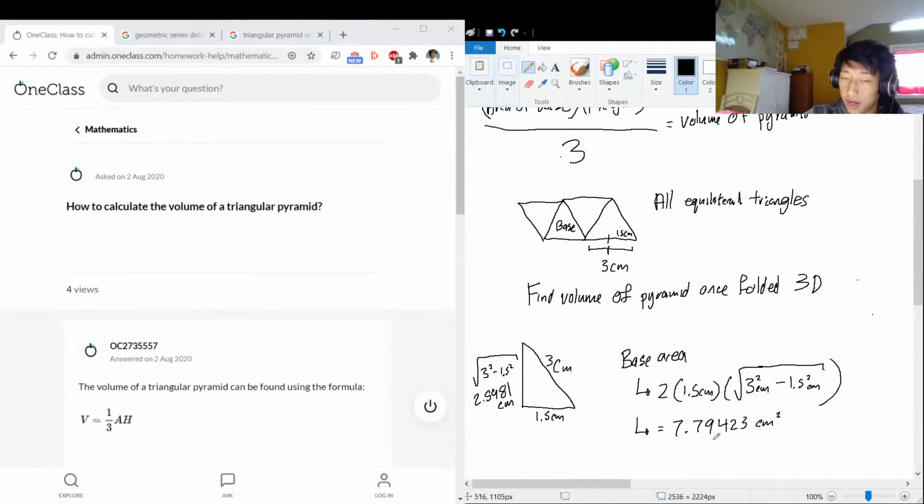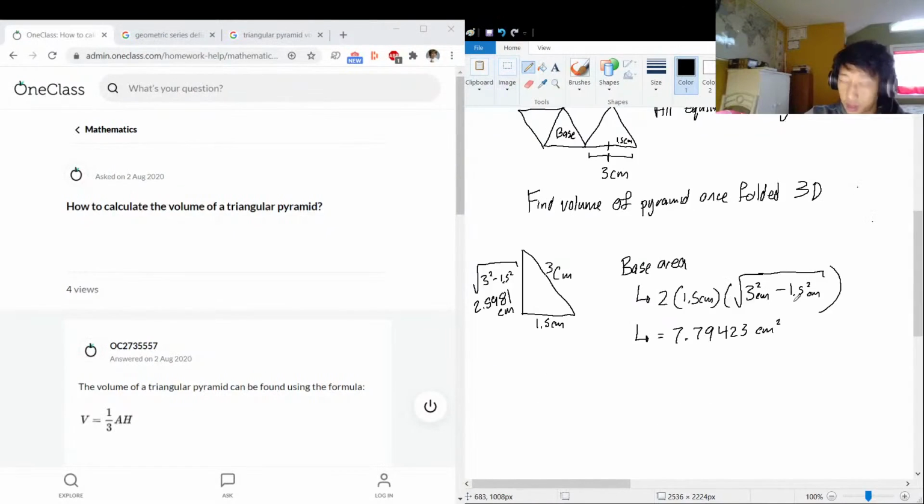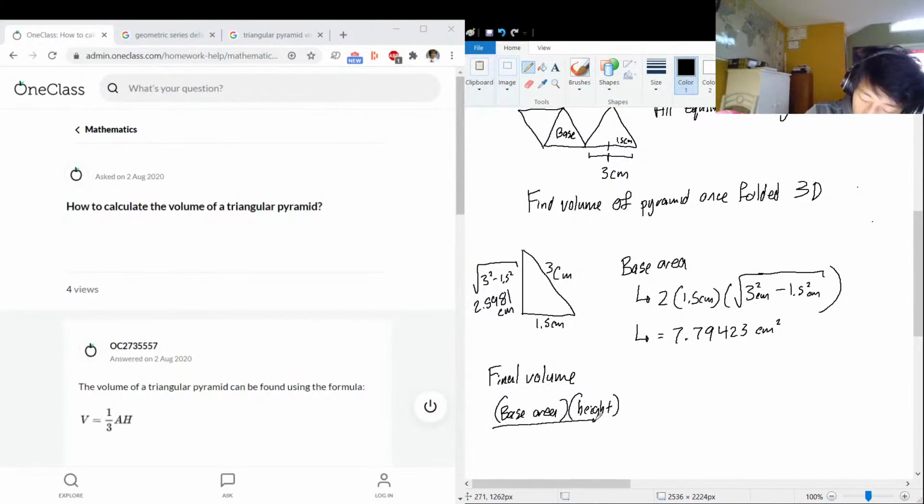So we know that the height has to be the same. So we know that the final volume is going to be the base area multiplied by the height, divided by 3, and this is what we'll get.